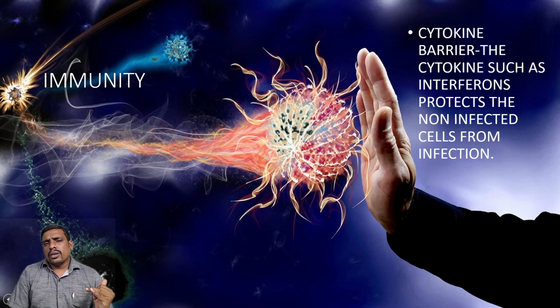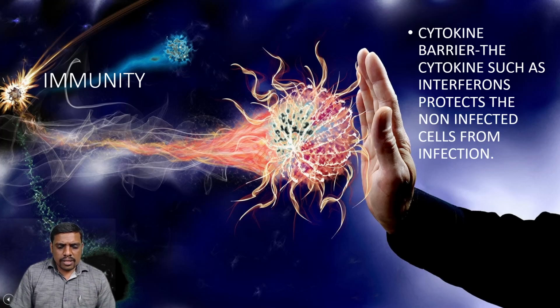Now, the last type of barrier involved in innate immunity is the cytokine barrier. Cytokine is different from cytokinin. Cytokinin is a plant hormone. Now we are talking about immune cells, not hormones. Cytokine barriers are cytokines such as interferons. We can call them cytokine interferons.